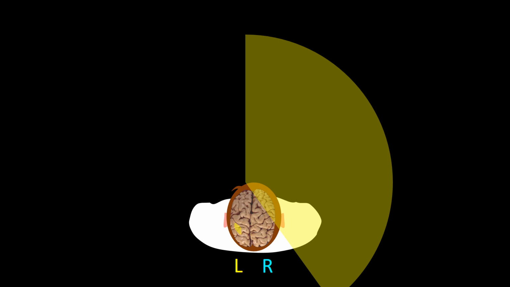In this figure of a man looking forward with the brain exposed, I have marked the left side yellow and the right side aqua. Now I have added the yellow area in the left posterior parietal region. This area is in charge of surveying the right side of the personal and extrapersonal space, as you can see in this frame.